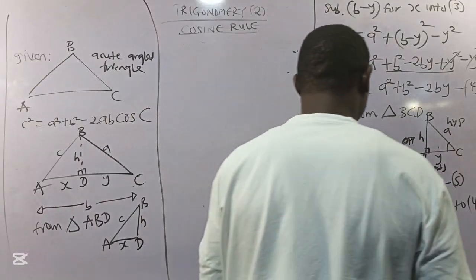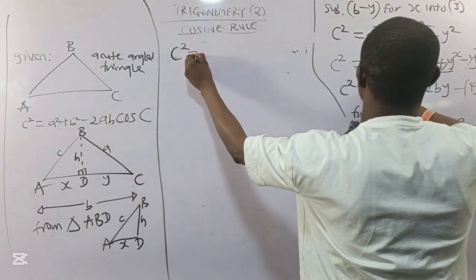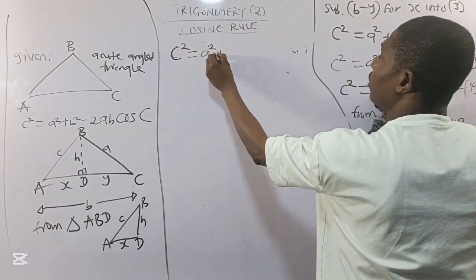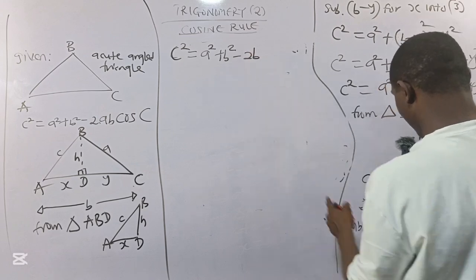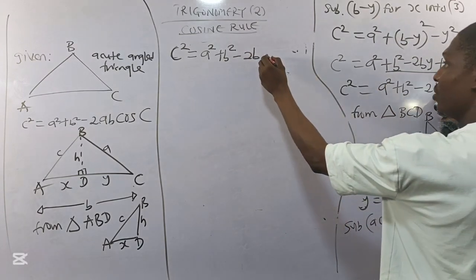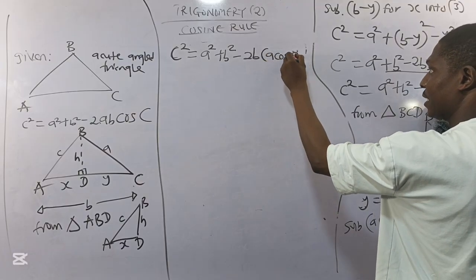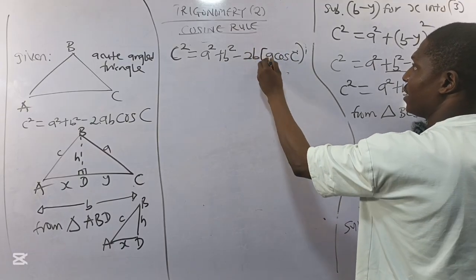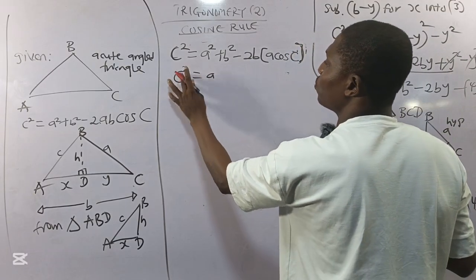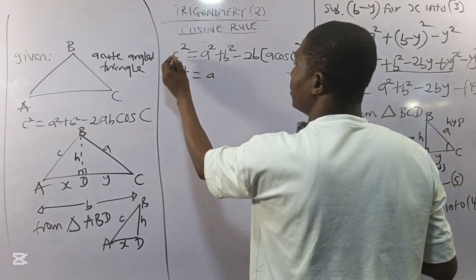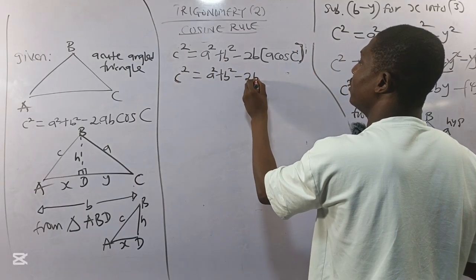If we are doing that, we simply have C squared equals A squared plus B squared minus 2B. In place of Y, I'm putting A cos C. So I have bracket A cos capital C. Let me use a square bracket so that it won't confuse anybody. So I therefore have small letter c squared equals A squared plus B squared minus 2B.